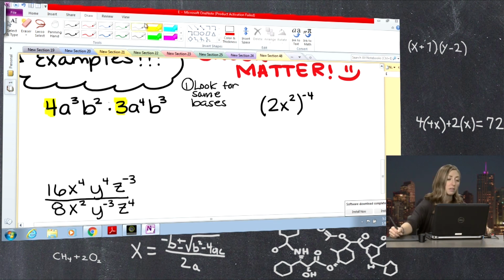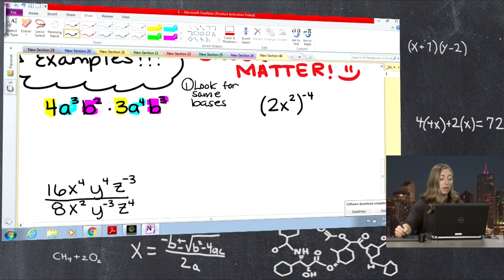I have a base of a, and I have a base of b. And what we want to do is make sure that anything with the same bases gets combined, making things simpler.